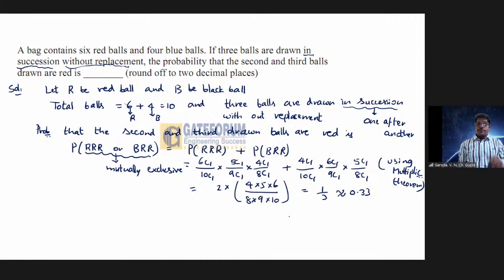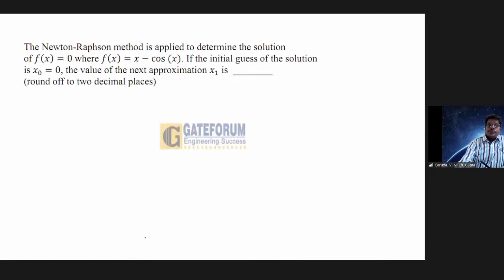Okay. So the next question. This is related to the Newton-Raphson method, that is numerical methods. The Newton-Raphson method is applied to determine the solution of f(x) equal to 0, where f(x) is equal to x minus cos x. If the initial guess of the solution is x0 equal to 0, the value of the next approximation x1 rounded off to 2 decimal places.